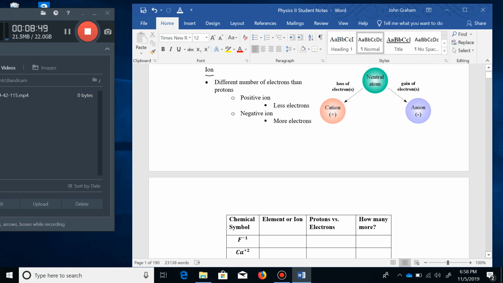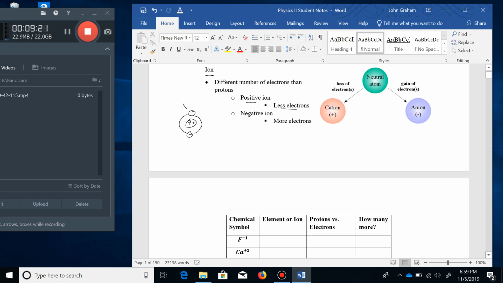So electrons are negative. So when an electron leaves the atom, you get a positive ion. The reason is, let's just say we have two protons and two electrons on the outside, that's the orbit.